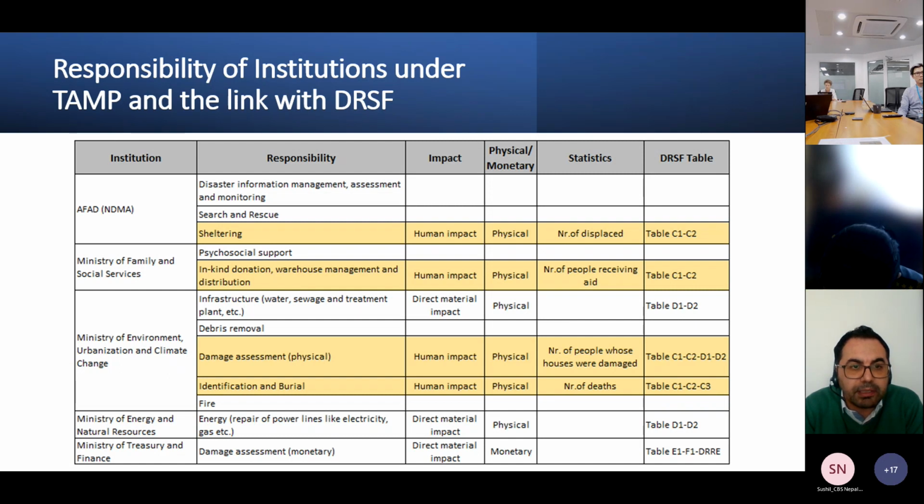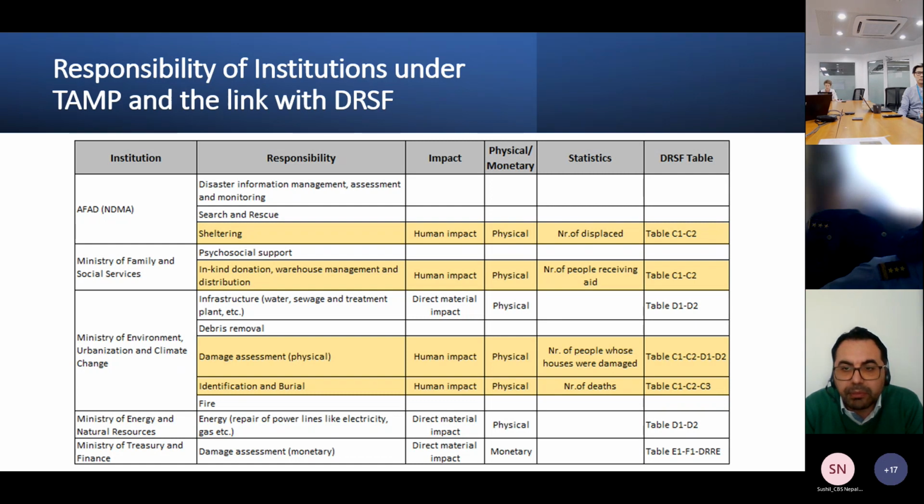For example, in the first line, we see AFAD, which is responsible for disaster information management, assessment and monitoring, and also search and rescue activities and sheltering activities. It coordinates the emergency and temporary sheltering services of disaster victims.